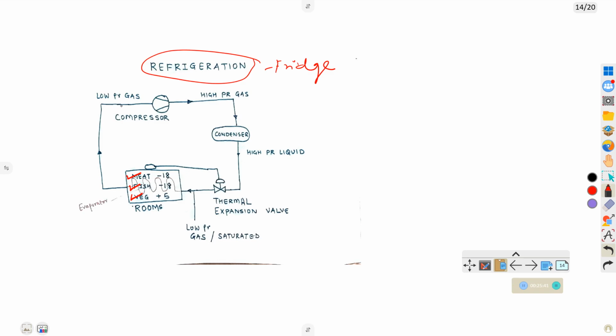So how is the cycle? What is the liquid or gas used here? It is called refrigerant. On board, what type of refrigerant is used? R404A and R134A.